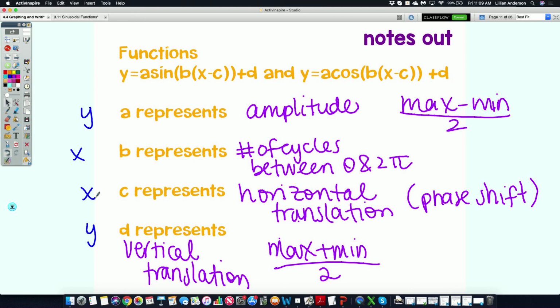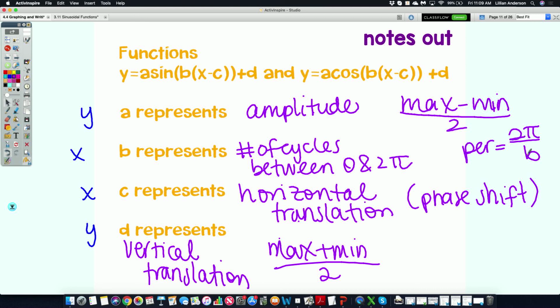one last formula to add in goes along with the B. Like I said, B represents your number of cycles between 0 and 2 pi. It is also used to help you find the period of any circular function. We use 2 pi over B when we're dealing with sine and cosine, but for tangent, what's the period for tangent?